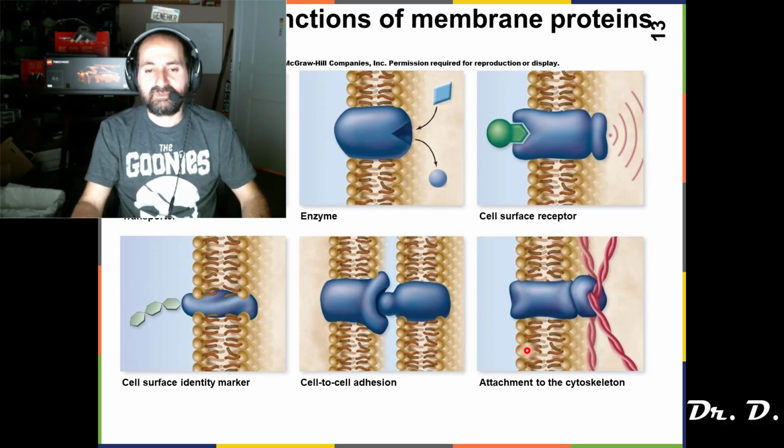Integrin was a transmembrane protein that attached to actin microfilaments inside of the cell, and it also attached to the extracellular matrix. Remember the collagen, the proteoglycan complex. So you can have all kinds of transmembrane proteins that are involved in attaching to things. Okay, so this is just 6 examples of typical jobs for transmembrane proteins.